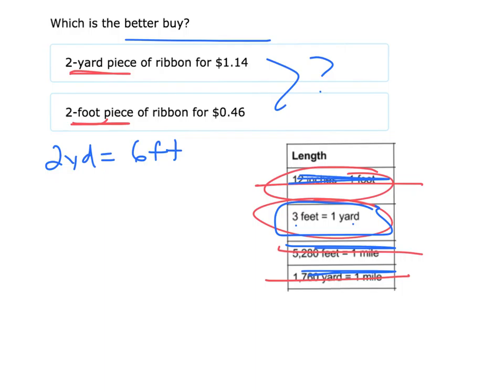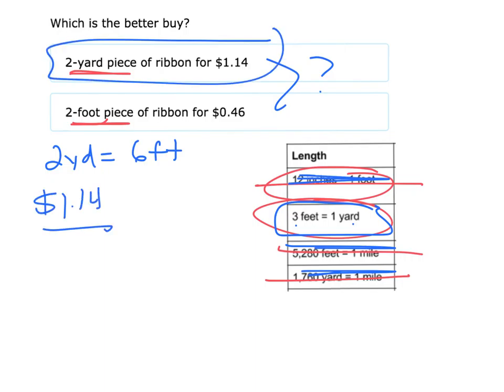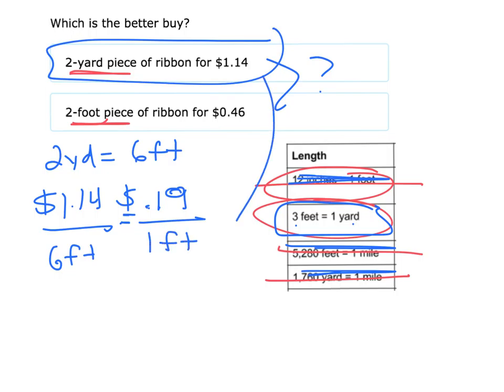So if I look at this price right here, I've got $1.14 for 2 yards, which we know is 6 feet. And $1.14 for 6 feet is the same thing as 19 cents, or 19 hundredths of a dollar for 1 foot. That's this one.